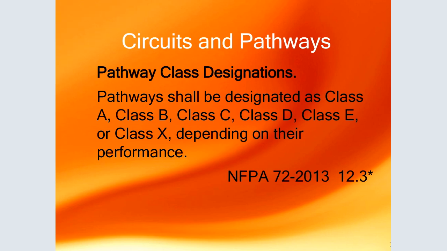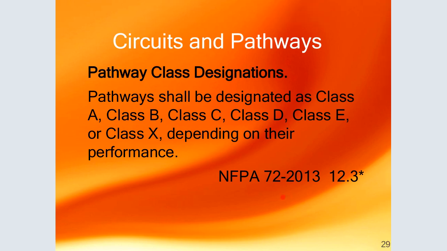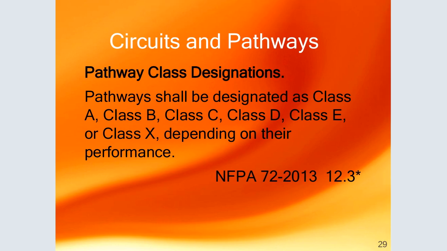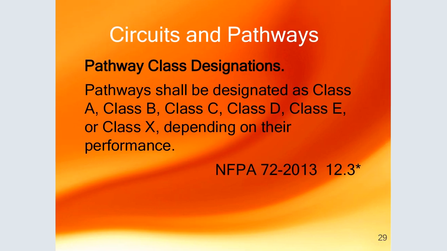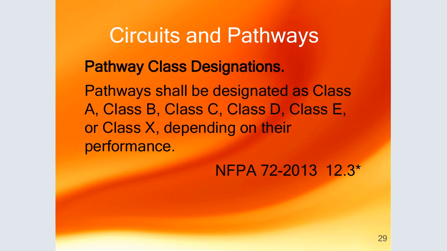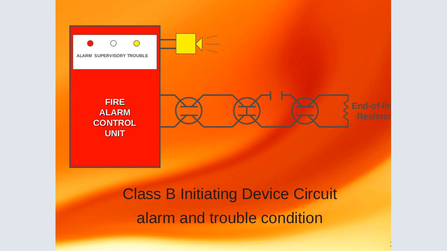Circuits and pathways. Now the pathways have class designations. The pathways shall be designated as class A, class B, class C, D, E, and X, depending on their performance. When we are doing this wiring, we normally group them into classes. So alarm, supervisory, trouble. Now this is the fire alarm control.